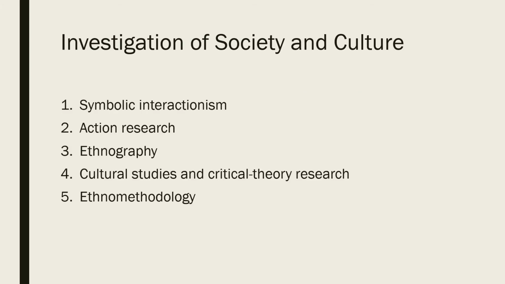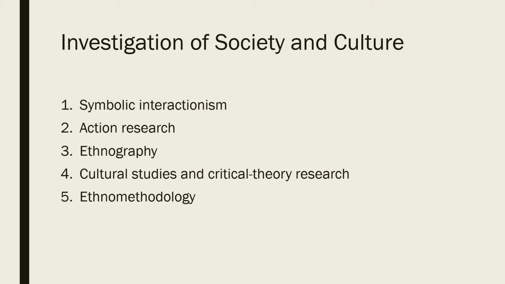So next we'll look into type 2 of qualitative research. Type 2 is investigation of society and culture. The different methods within type 2 are symbolic interactionism, action research, ethnography, cultural studies and critical theory research, and ethnomethodology.